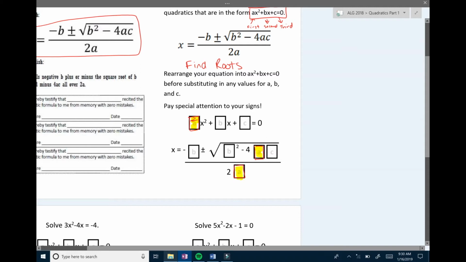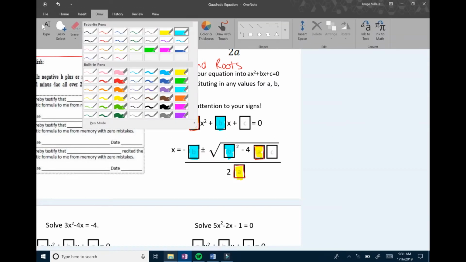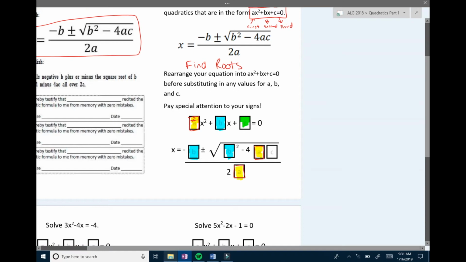So whatever number A is would go in that box and that box. Then whatever number B is has a few more boxes to go into. It goes into the first box, goes into the second box, and just those. The last one is C, and C only goes into this last box on the top row. Okay, so whatever those numbers are, you're going to place them in those boxes, do the math, and you're done.